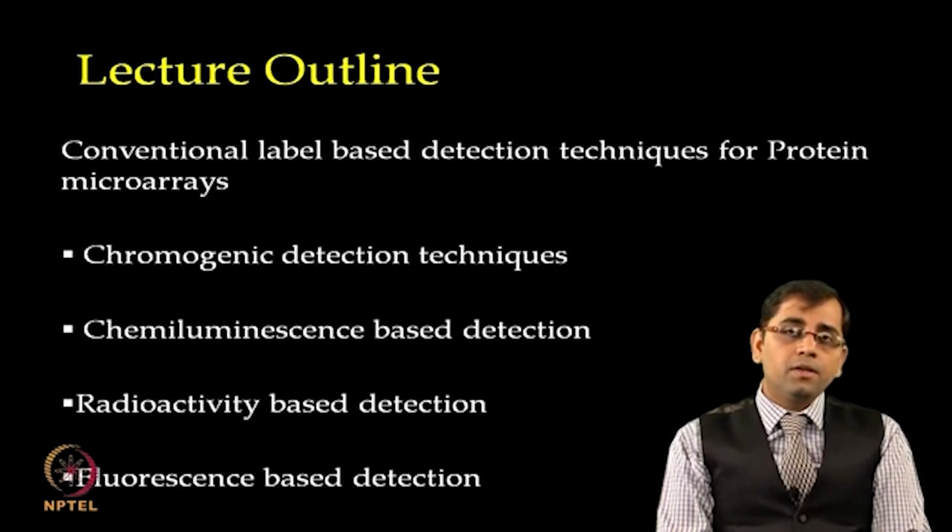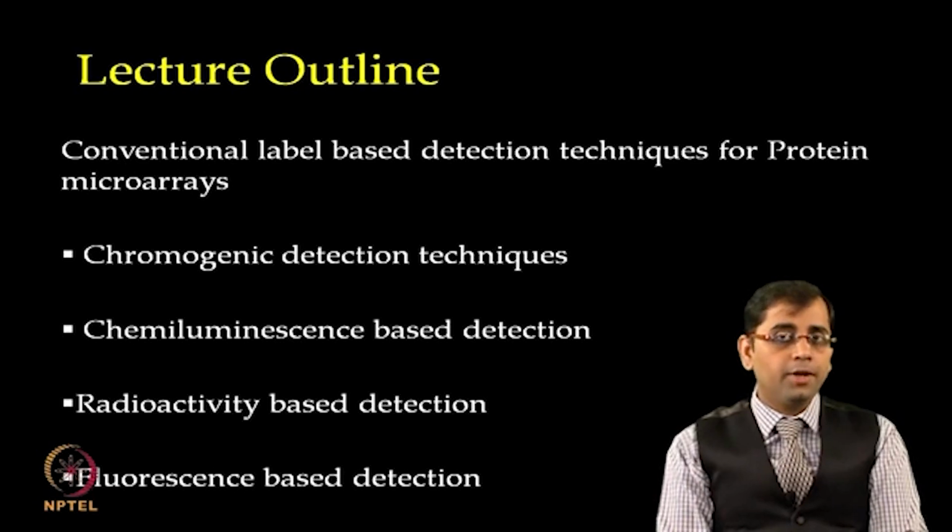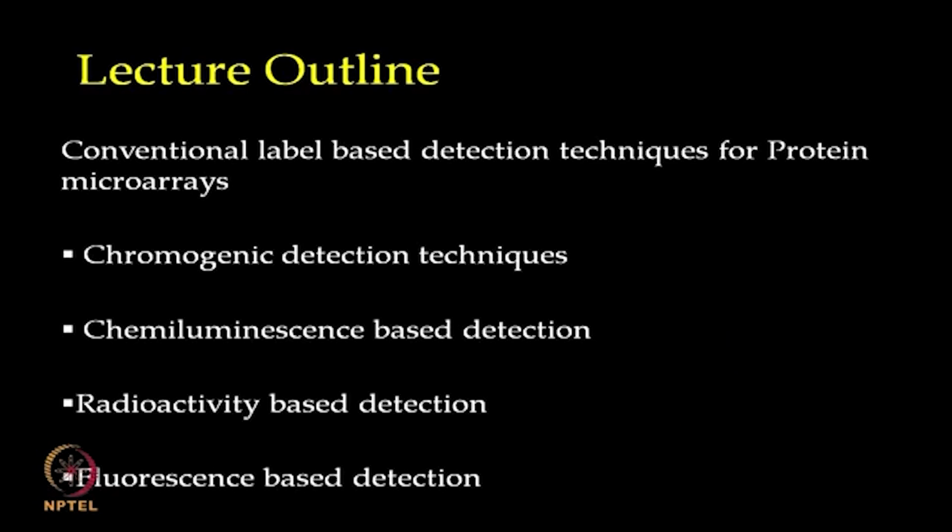There are several conventional label based systems. Popular amongst those are chemiluminescence, chromogenic based detection, radioactivity and fluorescence. The microarray detection systems have improved significantly in the last few years.